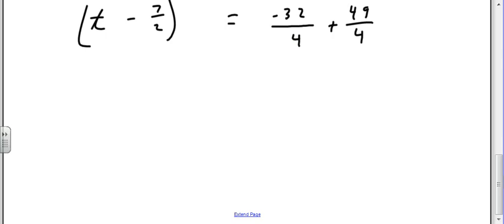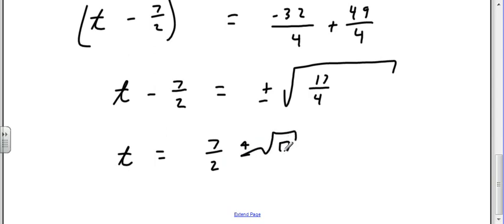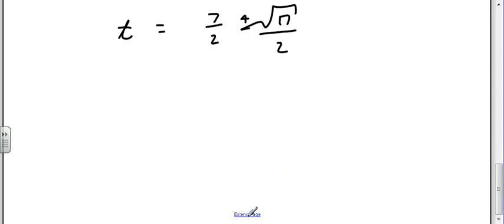Okay, I take the square root of both sides, and I have t minus 7 over 2 is equal to plus or minus the square root of 17 over 4. So I've got t is equal to 7 over 2 plus or minus the square root of 17 over 2.